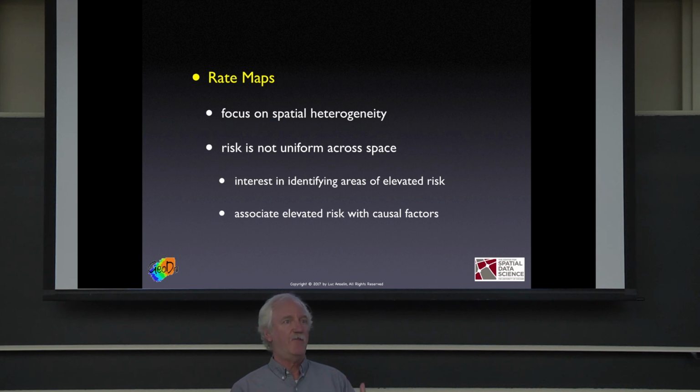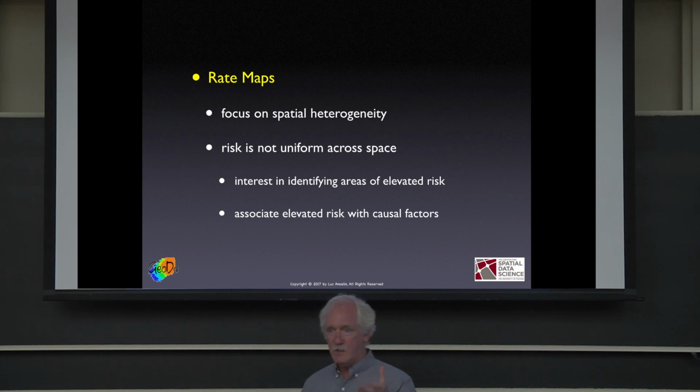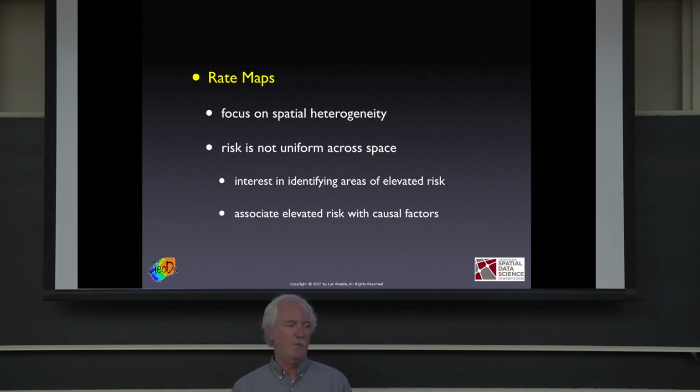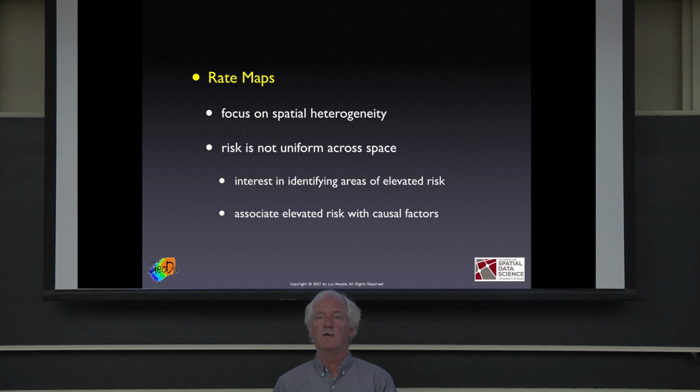At face value, this seems like a pretty straightforward exercise. We get the event, we get the population at risk, we divide them, we get the estimate of the rate, and we make a nice map of the rates. And where the rates are high, we have a problem. Where the rates are low, everything is good. Well, it's not that simple.